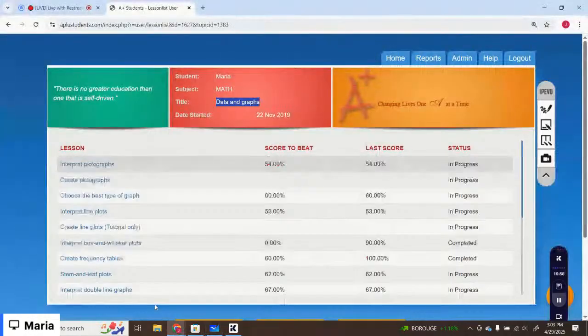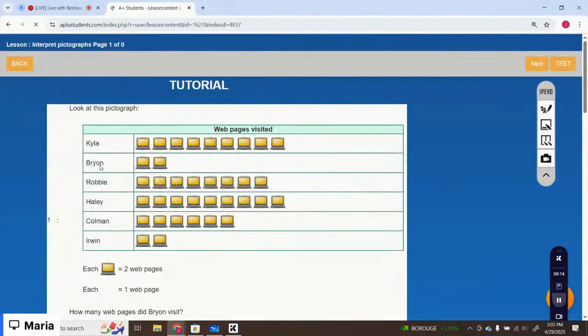Now, on the chapter on data and graphs, let's start with the first lesson, that is interpret pictographs. Look at the pictograph.